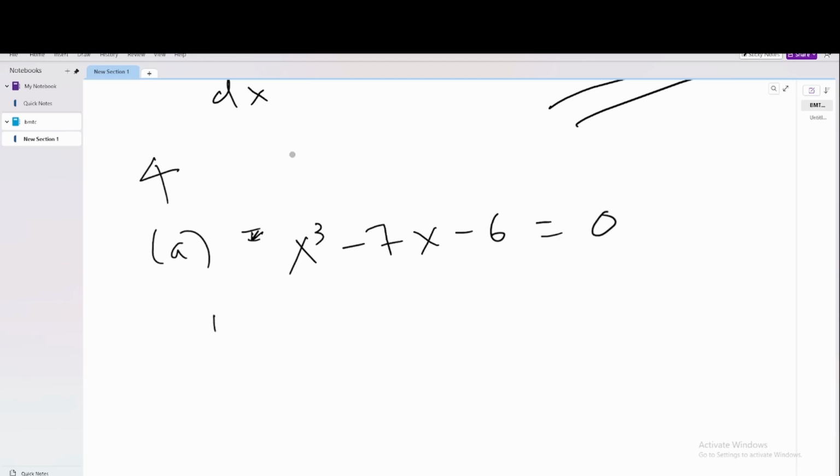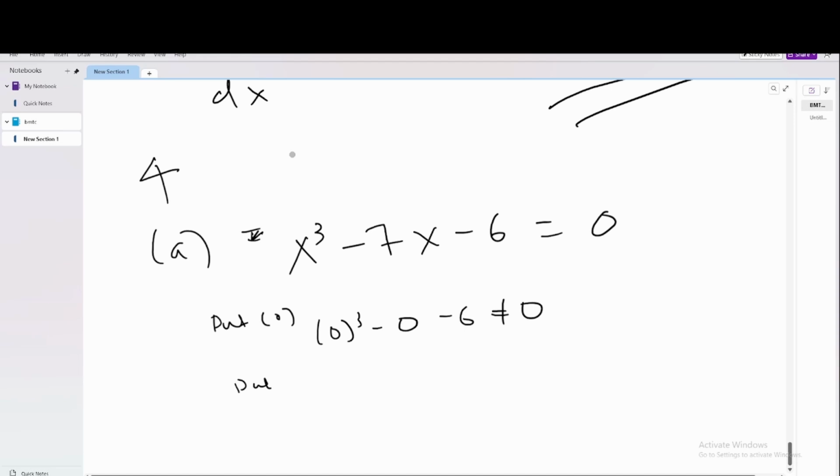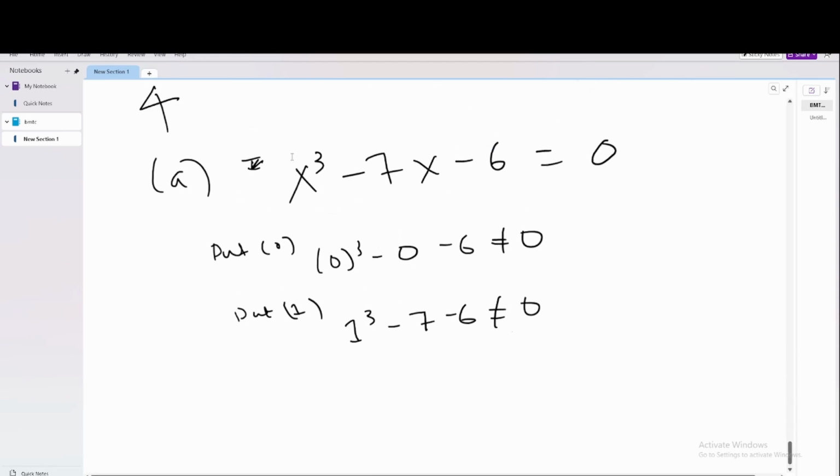Firstly, we put 0. At that time, minus 6 is not equal to 0. So 0 is not a root. Put 1. 1 cube minus 7 minus 6 is also not zero. So put minus 1.